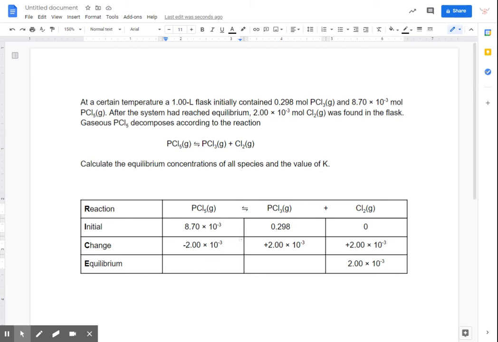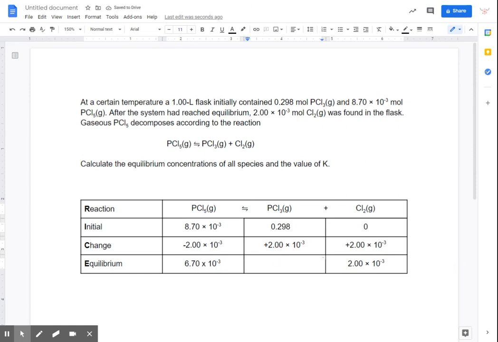Okay? So then what you do from here is you do the initial plus the change here and subtract the change here. So this would be 6.7 times 10 to the negative third when I subtract those.